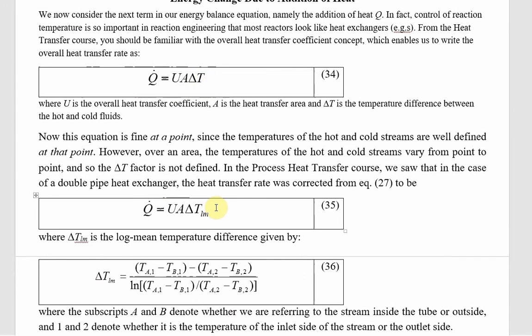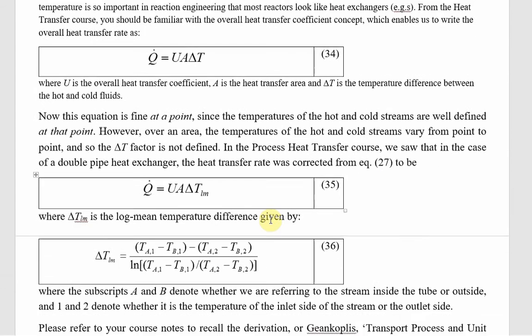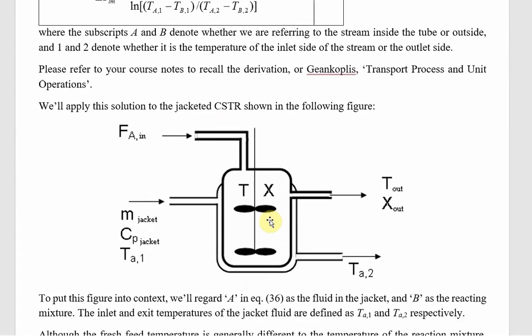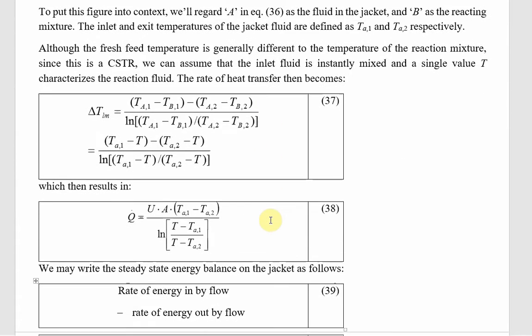And then the temperature difference might apply locally, at some specific point. But if we try to get the overall temperature difference, if we try to average that out, then we saw that we could use the log mean temperature difference in the case of a double pipe heat exchanger. And we applied some approximations here.